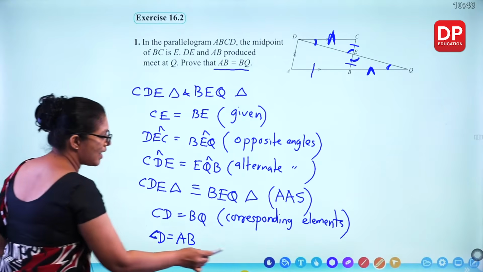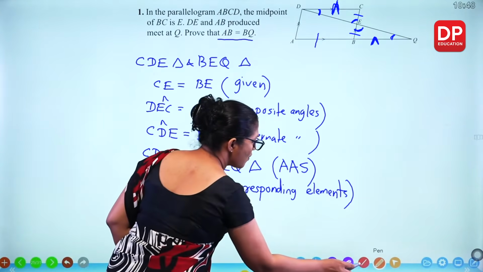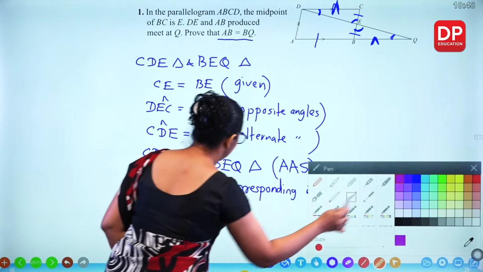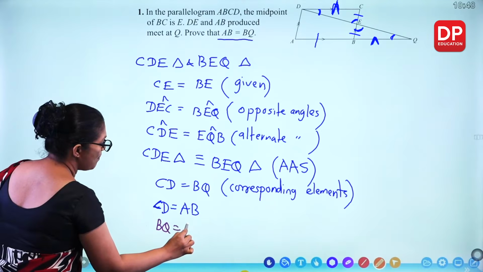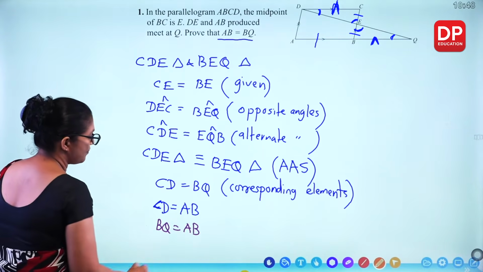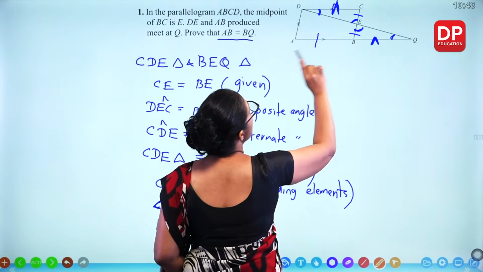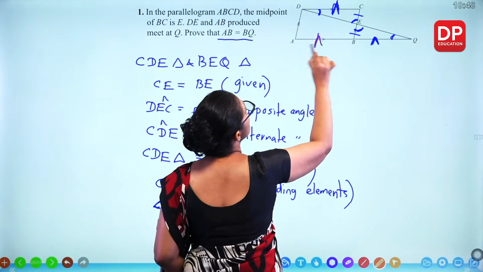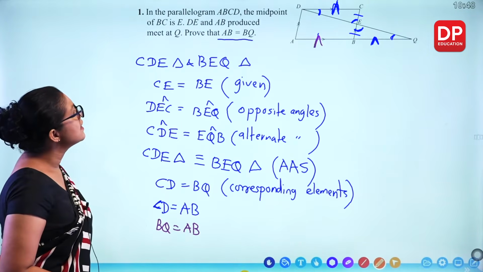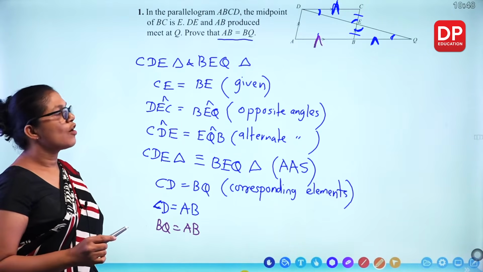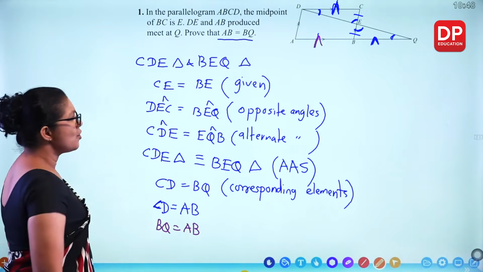From these two I can write BQ should be equal to AB. BQ is same as AB. So this is also equal. So what can you say about the B point? B is the midpoint of AQ. So AB is equal to BQ.